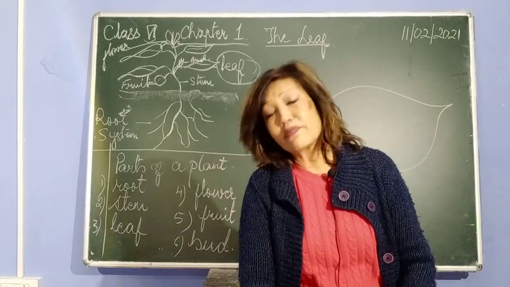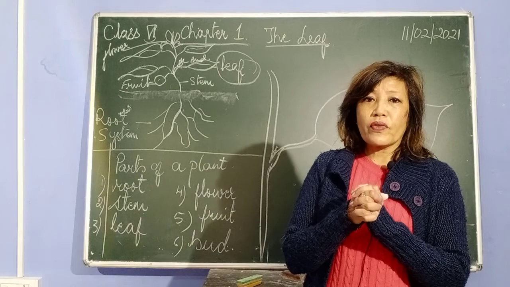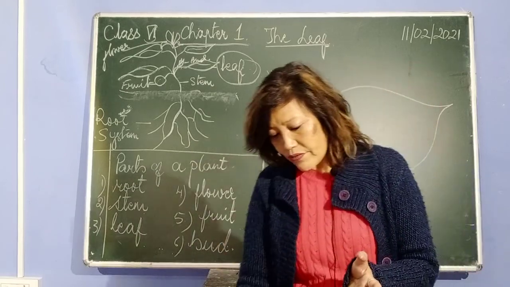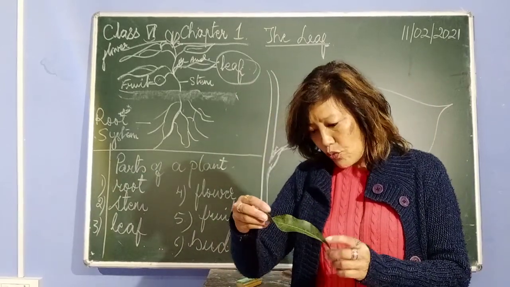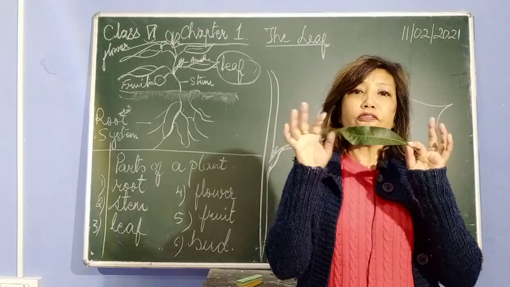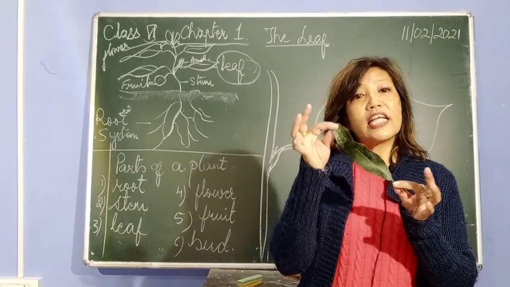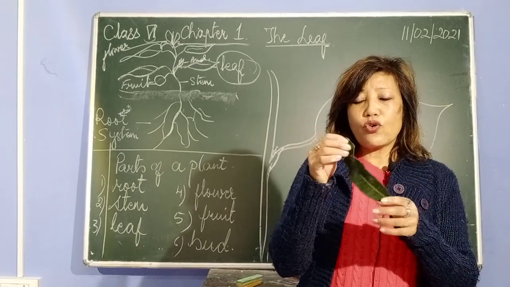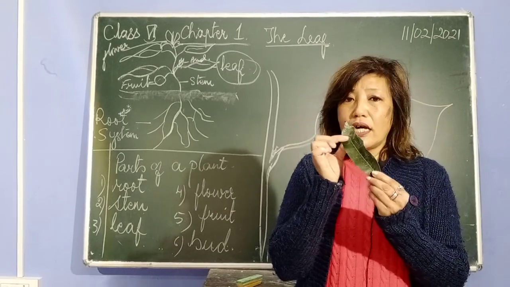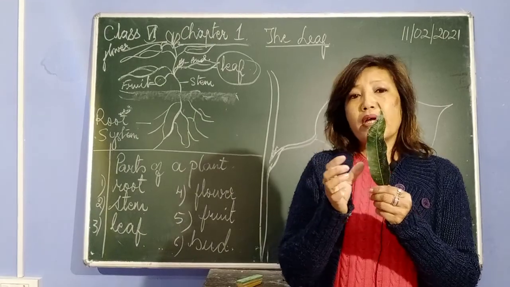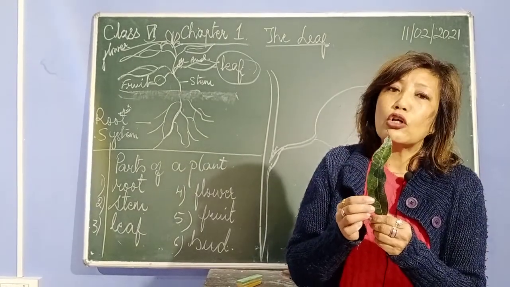So you all must have observed the leaf also. So if you see the color of the leaf, let me show you one leaf out here. They are flat, right, thin, and they are green in color. So where do they get this green color? Because they have a green pigment called chlorophyll.